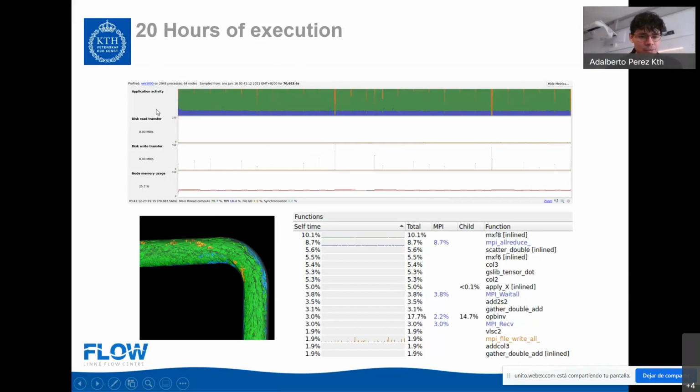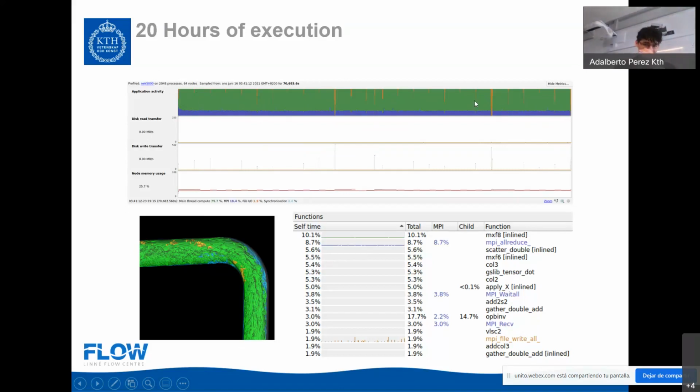This particular simulation was done with 2048 processors in 64 nodes. You see here in green the portion of computational activity per time. In blue, we see the communications. And in these red peaks is I/O.